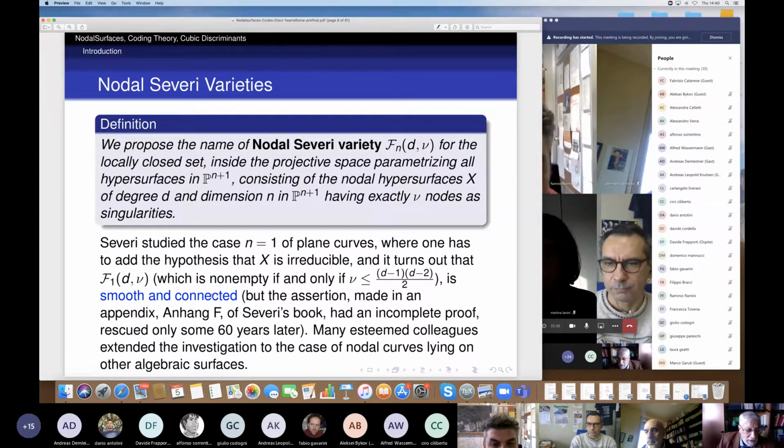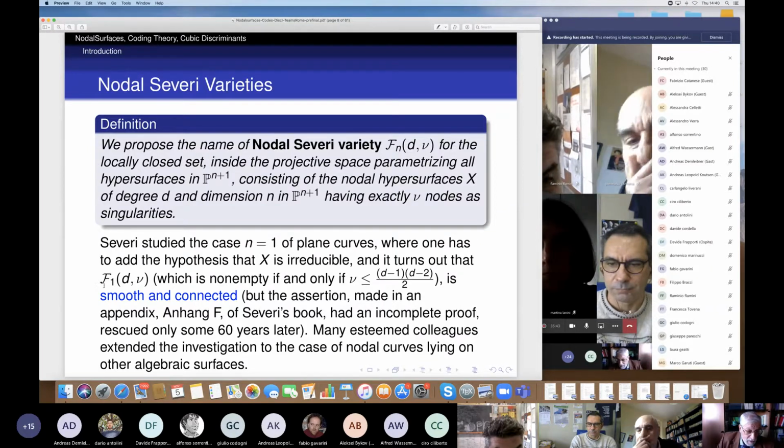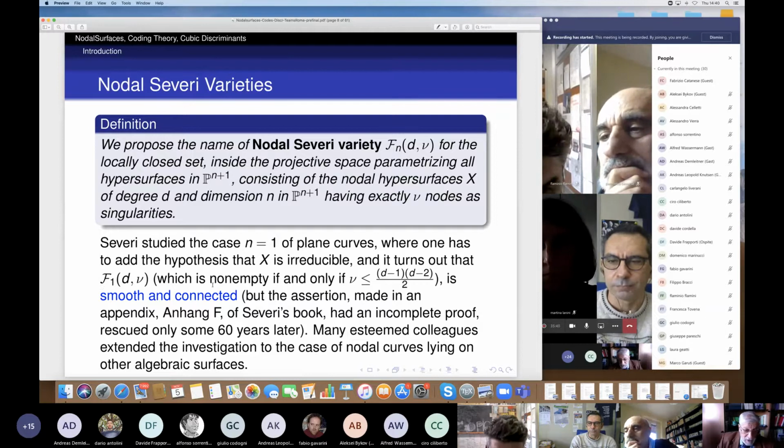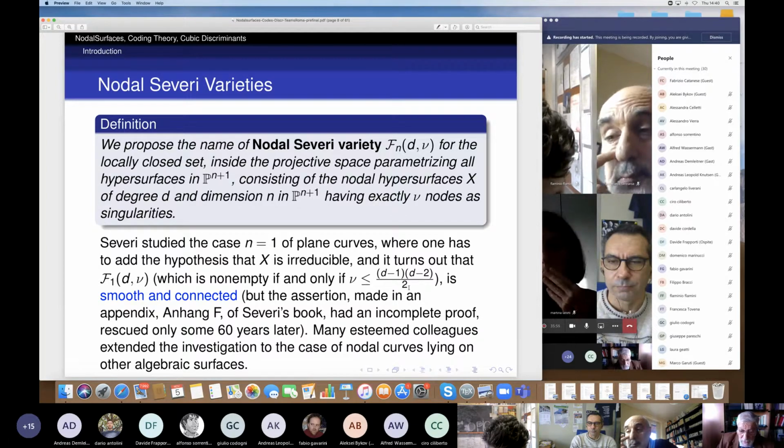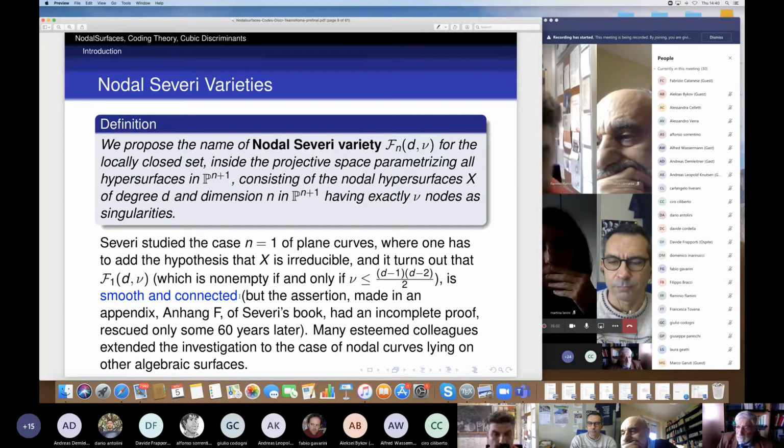And it turns out that the Severi variety for dimension 1 is non-empty if and only if the number of nodes is bounded by (d-1)(d-2)/2, and it is smooth and connected. So everything is wonderful for curves. This is what Enrico said: curves were invented by God, and surfaces by the devil.